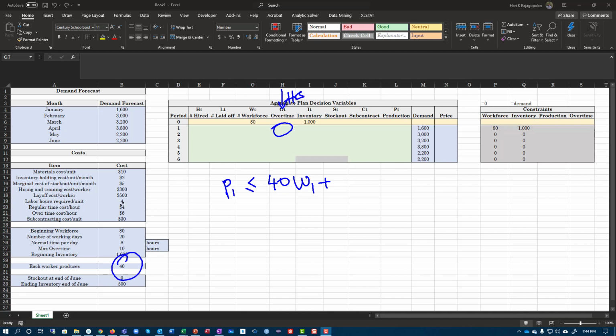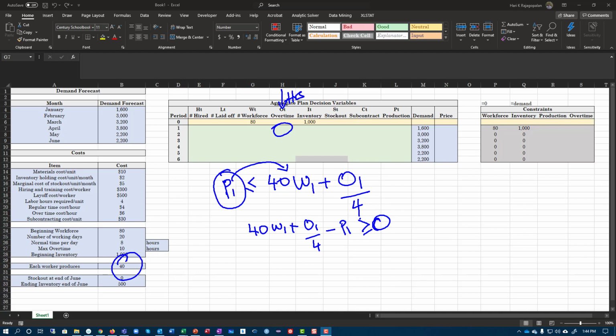If it takes 4 hours per unit, then dividing the overtime hours by 4 gets you the number of units you produce. So we can move this value to this side: 40W1 plus O1 over 4 minus P1 is greater than or equal to 0. That's what we're going to look at, greater than or equal to 0.